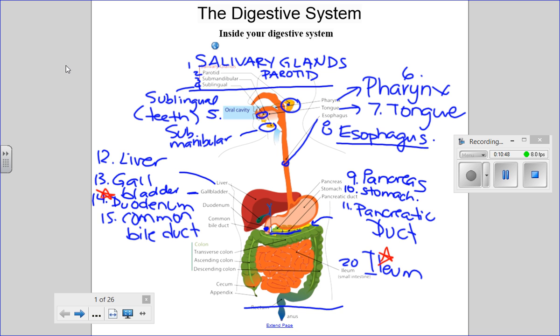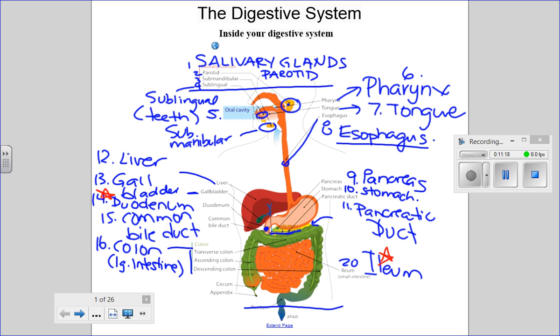Now over on the side, number 16 is your colon. We could also refer to your colon as your large intestine. So you have the small intestine and the large intestine. Now number 16 is referring to the whole entire thing, but there are 3 sections that make it up.